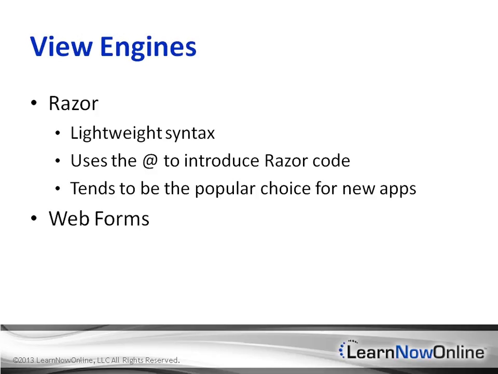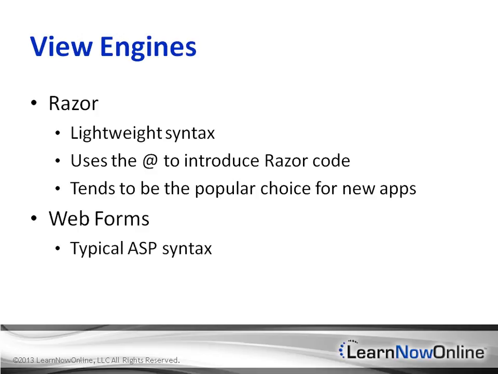In fact, out of the box, the MVC framework also supports web forms. Now, these web forms do not operate the way web forms do in regular .NET web forms development. There's still no code behind or no postbacks or anything like that. But the same syntax you use in web forms to introduce code, you can also use as a view engine in MVC.